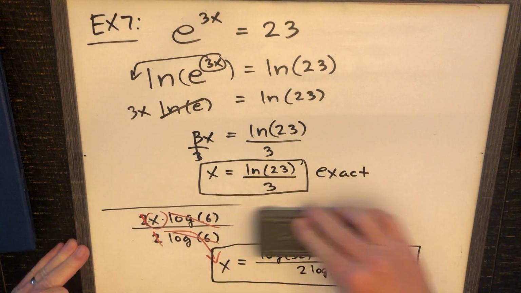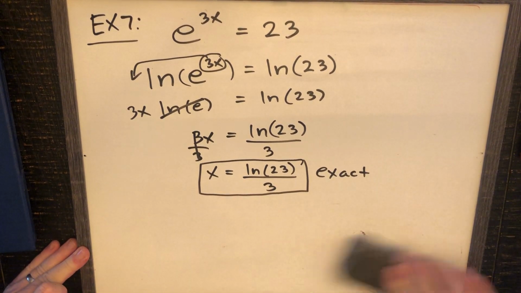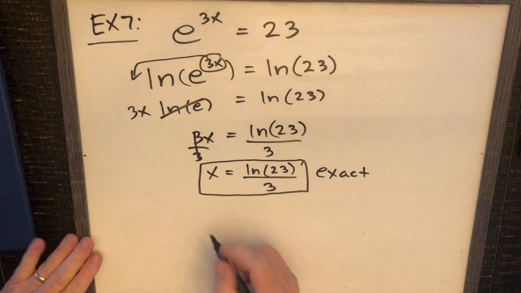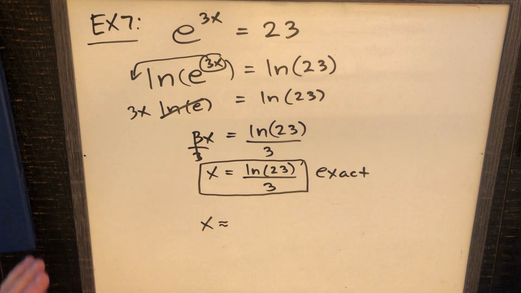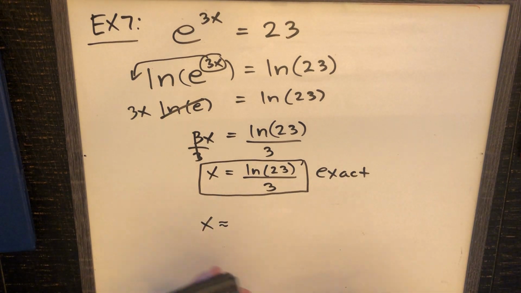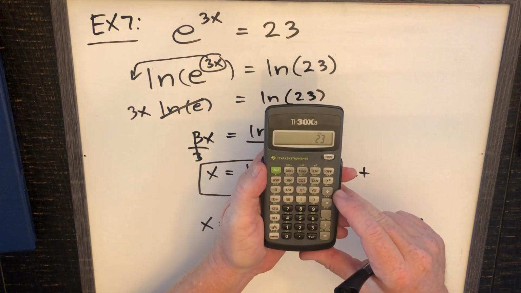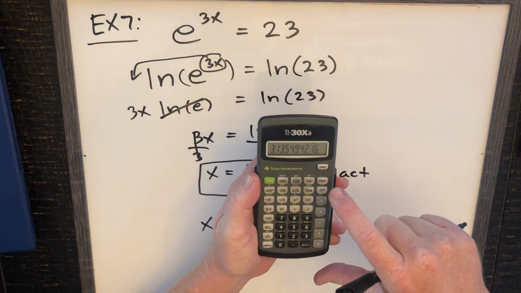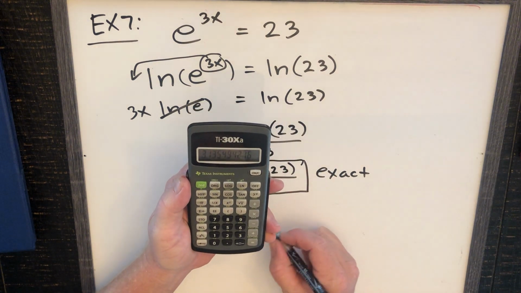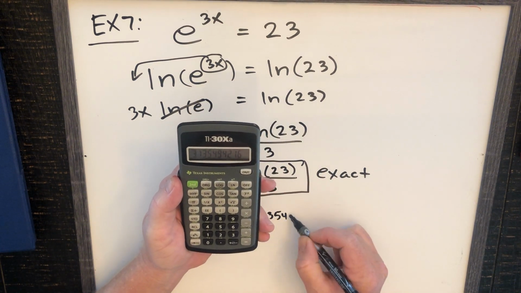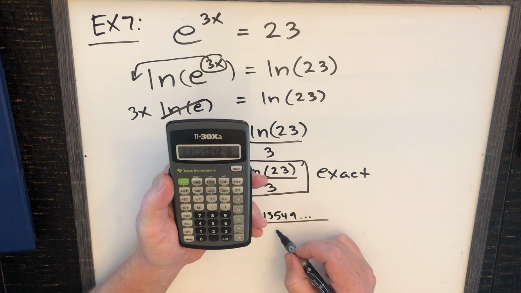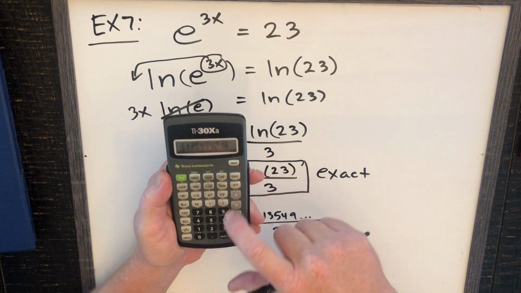And if need be, we can approximate this by rounding to, let's do 4 decimal places this time. So we have ln of 23, so that's 3.13549 divided by 3.